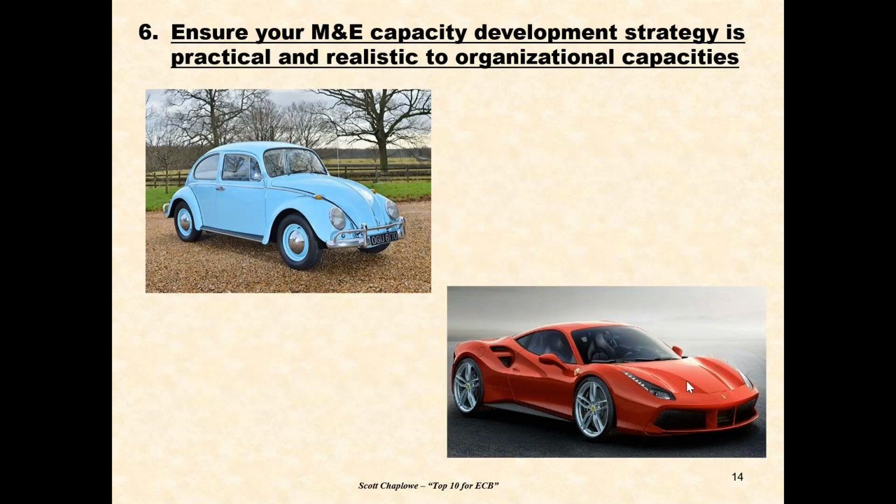The sixth one is basically, make sure it's fit for purpose. You might not need a Maserati to get around the block if a good Volkswagen that starts up, is filled up with gas, the seat belts work, can do the job. You need to consider the coverage or reach. Are we talking about an organization with 50 people, 500 people, or 5,000 people?